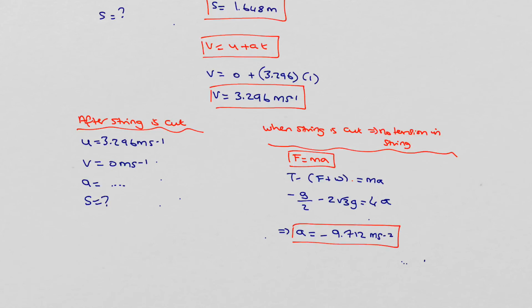And obviously that makes sense, because if it's going up the block, it's going to begin to decelerate just before it comes to a stop. Okay, so what can we do with this then? So we now know a, so I'm going to put this back over here so we can see what information we have. So we have minus 9.712 meters per second squared.